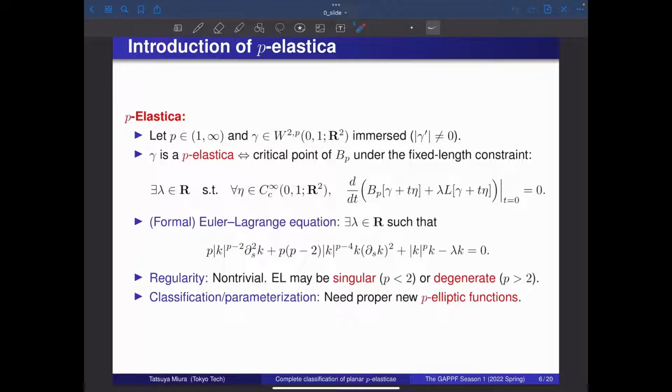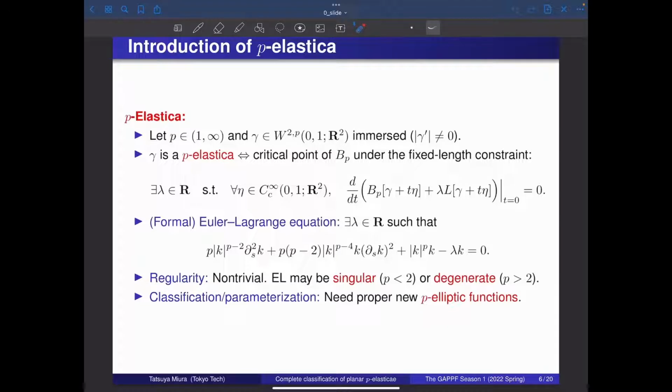And also this term will degenerate if p is greater than 2, in the sense that if k is equal to 0, then this term vanishes. And this difference of the structure makes the regularity problem already non-trivial.